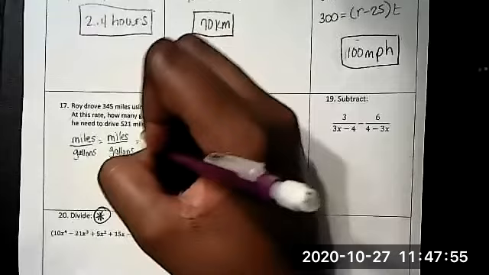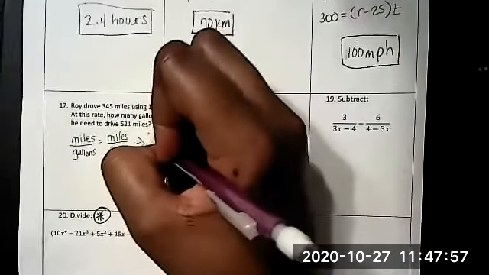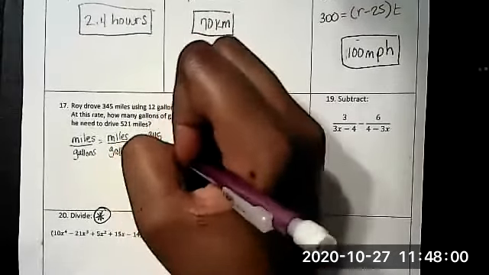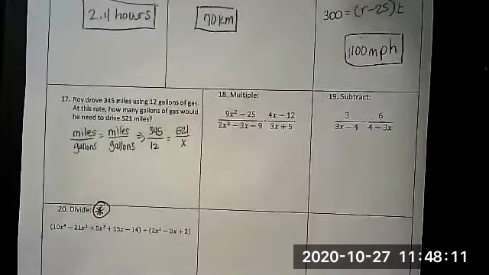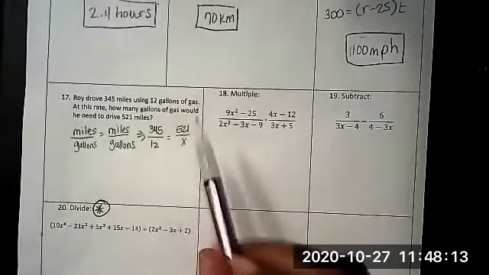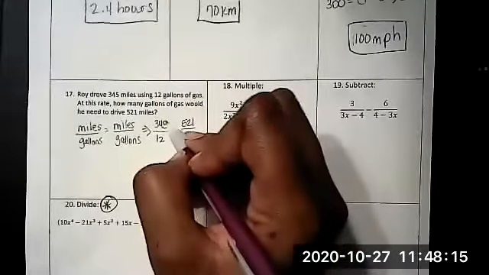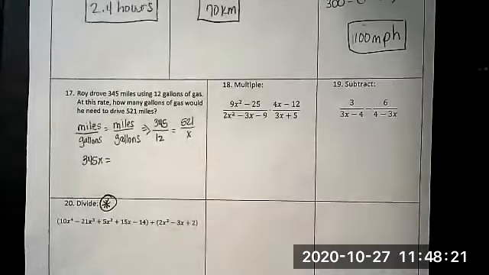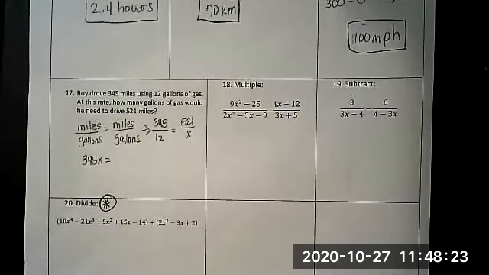Okay, so basically with that one, you have 345 miles over 12 gallons, and that's going to be equal to, we don't know how many gallons, but we know it's 521 miles. Okay, so now with this one, you just cross multiply. So this becomes 345x equals, and then multiply 521 times 12.